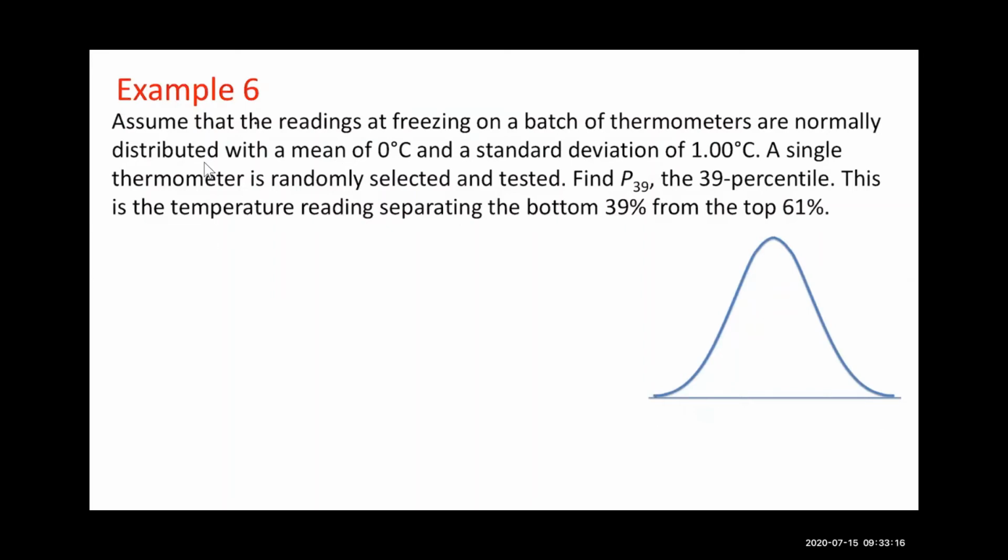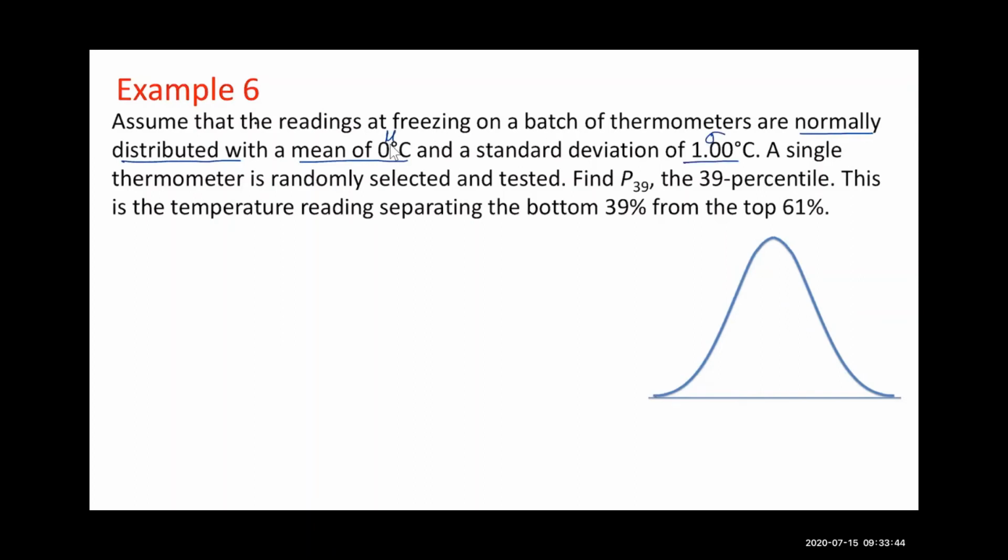Make sure you have your calculator ready. Assume that the readings at freezing on a batch of thermometers are normally distributed. So we are looking at the readings on a certain batch of thermometers, and the readings are normally distributed with a mean of 0 and standard deviation 1.